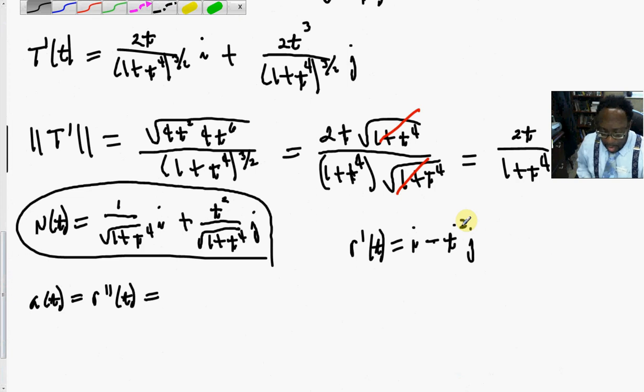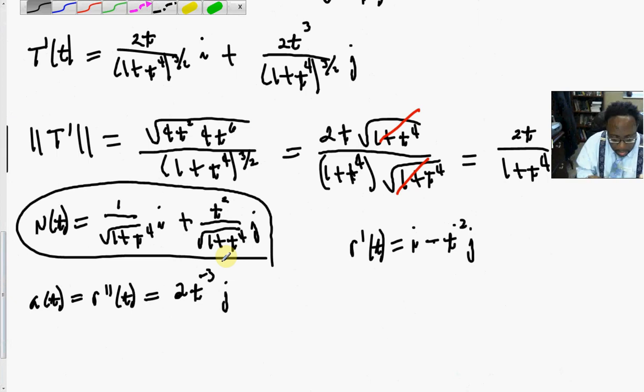So r double prime would be, that's a negative. This is positive 2 times t to the negative 3 j.